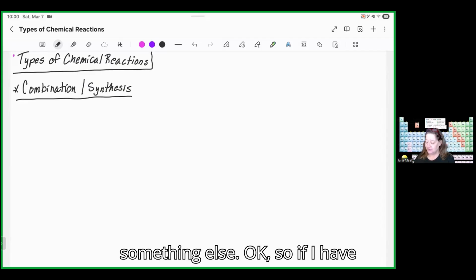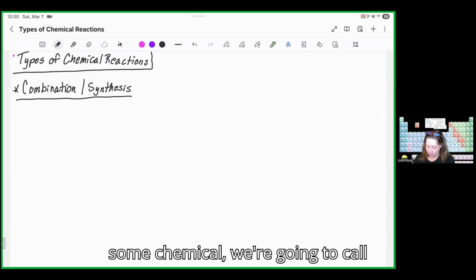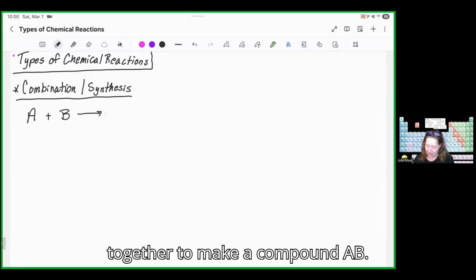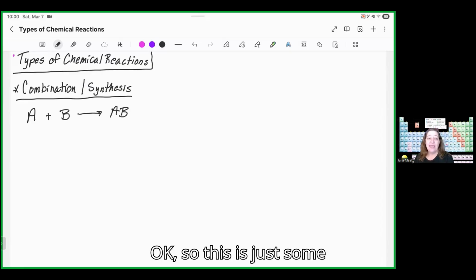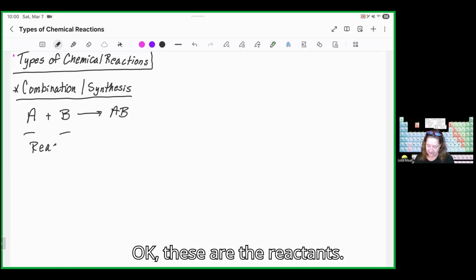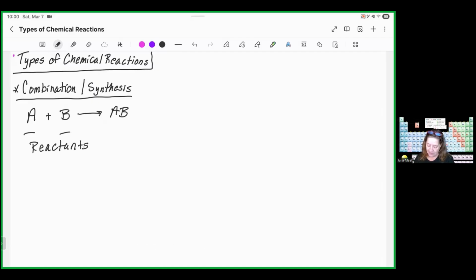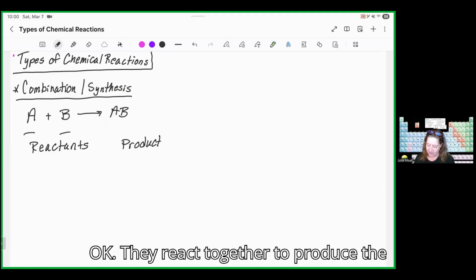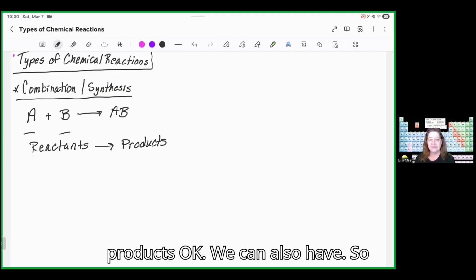So if I have some chemical, we're going to call it chemical A, and it reacts with chemical B, I can combine them together to make a compound AB. These are the reactants, and these are the products. They react together to produce the products.